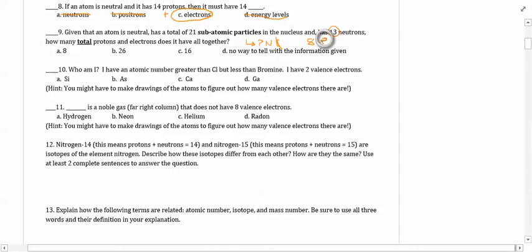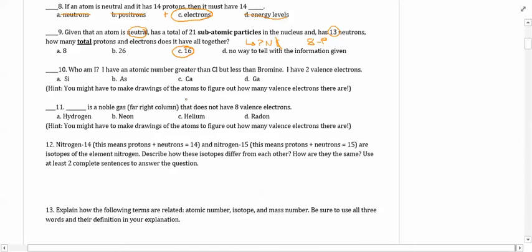So we'll keep reading the question just to make sure that we're answering everything correctly. It says, how many total protons and electrons does it have together? So it told us in the very beginning of the question that it's neutral. I just figured out that it has 8 protons. So how many protons and electrons together? Well, if it has 8 protons and it's neutral, it's got to have 8 electrons also, which means that protons and electrons together have to be 16.